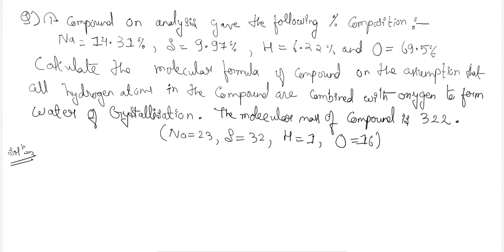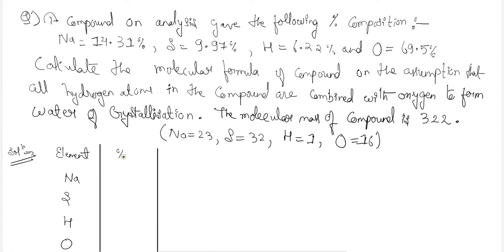So first we make the table. For element, it is given as sodium, then sulfur, then hydrogen, and then oxygen. Next, percentage.